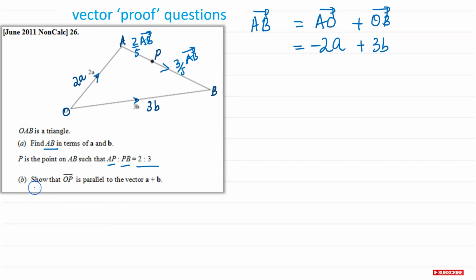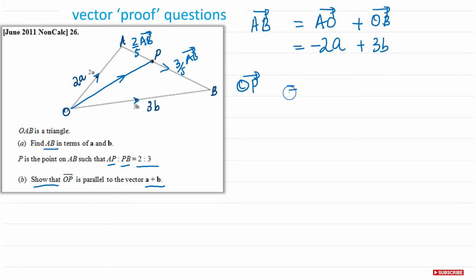Now we're asked to show that OP is parallel to the vector A plus B. So OP is right here in that sense. So when vectors are parallel, they are multiples of each other. That is what we need to show, that vector OP is a multiple of A plus B. So let's go ahead and find OP.